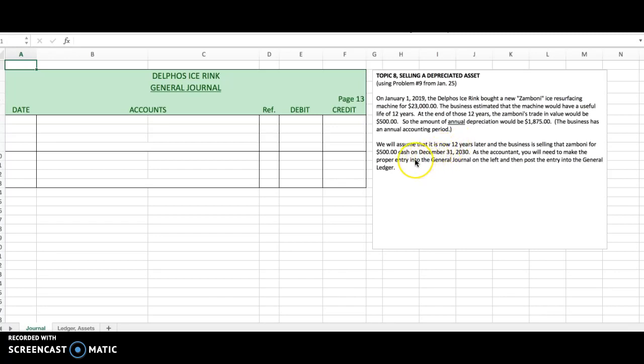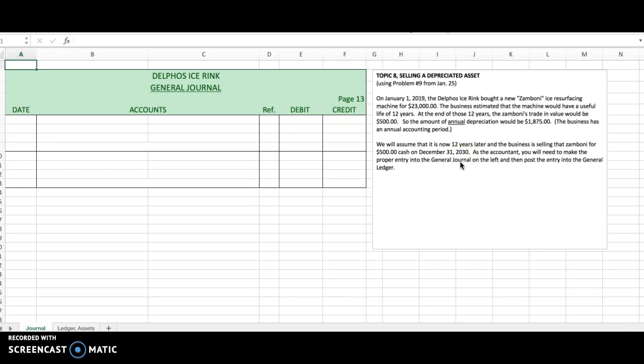Let's assume that it is now 12 years later, and you have graduated from high school, you've graduated from college, and you now are the accountant for the Delphus ice rink. And the business now wants to sell that Zamboni for $500 cash on December 31, 2030. This is 12 years after it was originally purchased. As the accountant, you now need to make the proper entry into the journal at the left and then post it to the general ledger.